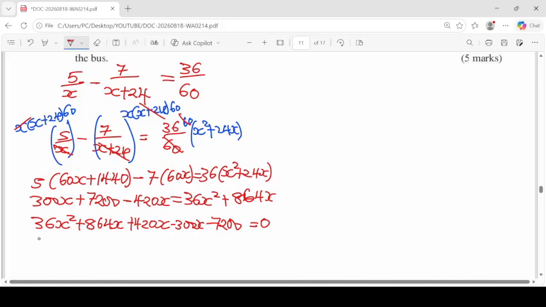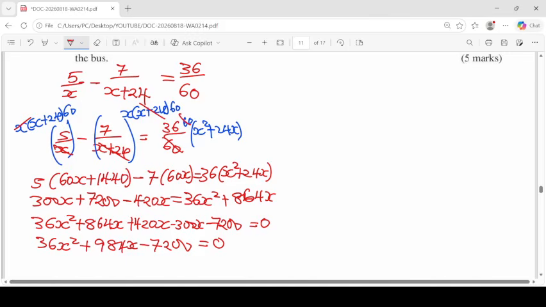So this will become 36x squared. Then I have 864 plus 420 minus 300. This is 984. So this is a positive, plus 984x minus 7200 is equal to 0.